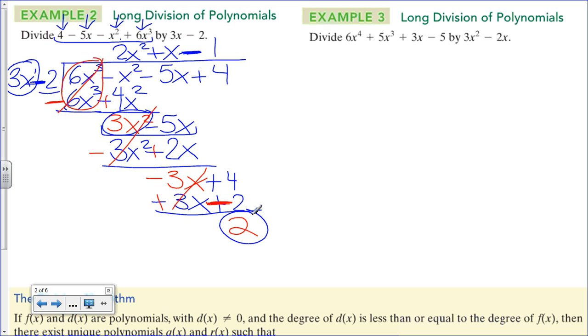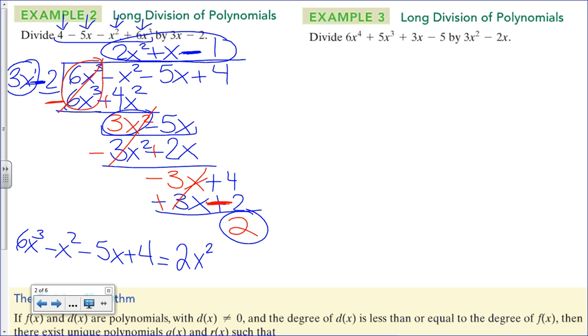So what I could say here is that the polynomial 6x cubed minus x squared minus 5x plus 4 is equal to the quotient 2x squared plus x minus 1, and then plus the remainder. But that remainder is not going to be just 2. It will be 2 divided by what? 3x over 2.